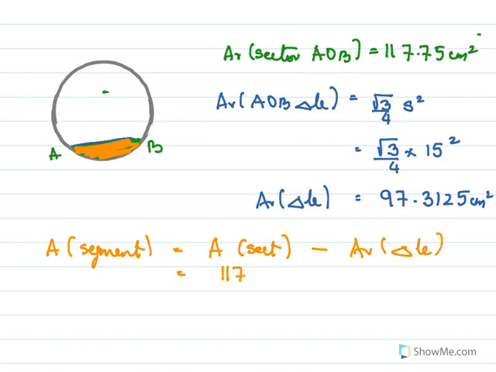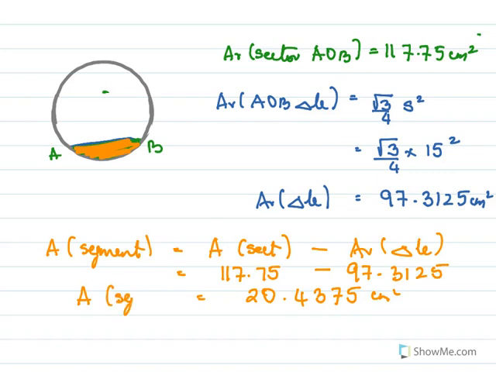So sector 117.75, triangle 97.3125, and the answer then comes is 20.4375 centimeter square. This is area of segment. Now remember, there are two segments, one is the minor and the major. What we have found is minor segment. This is minor segment.